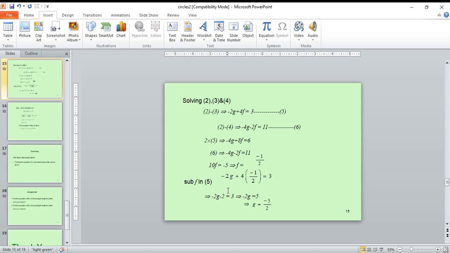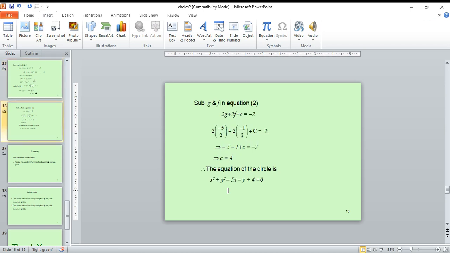Use the f value in 2g plus 4f equal to 3, meaning 2g plus 4 into minus 1 by 2 equal to 3. 2g minus 2 equal to 3. So 2g equal to 5, g equal to 5 by 2. Substituting the g and f values in equation 2: 2g plus 2f plus c equal to minus 2, so 2 into 5 by 2 plus 2 into minus 1 by 2 plus c equal to minus 2.